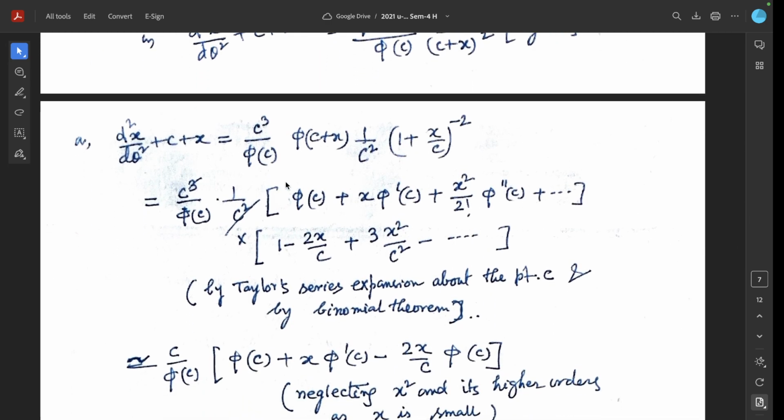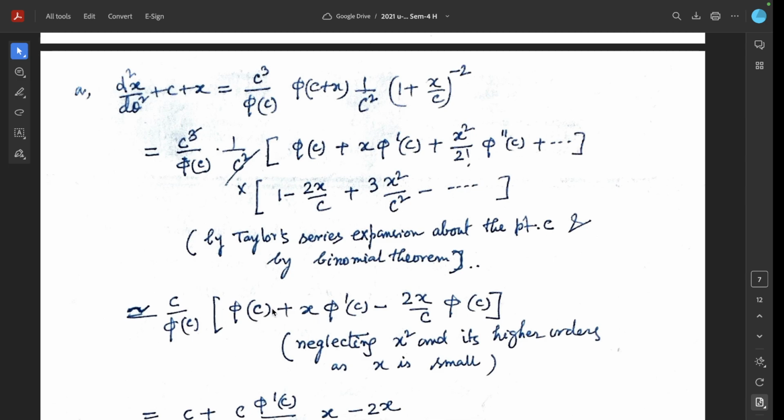Multiplying, we get phi'(c) and phi(c) into minus 2x by c. The x² terms are omitted since x is small, and x³ and higher powers of x are omitted.